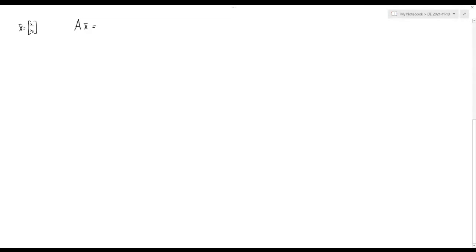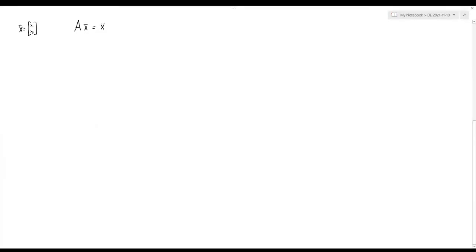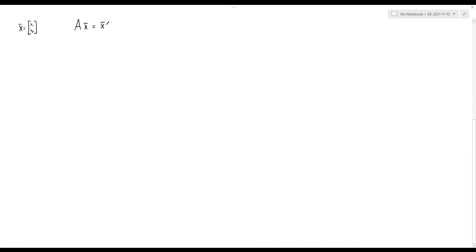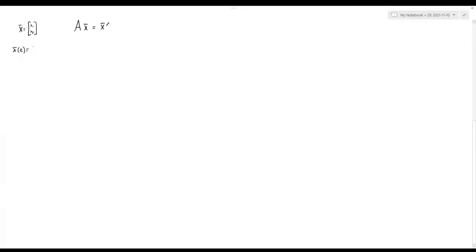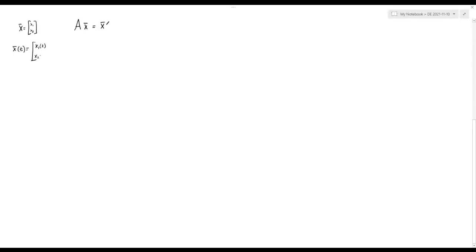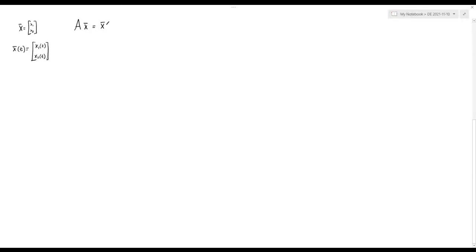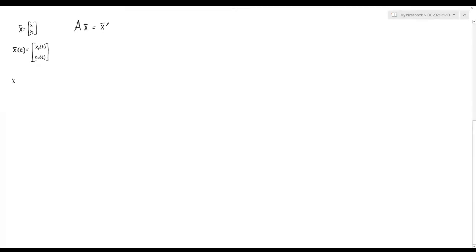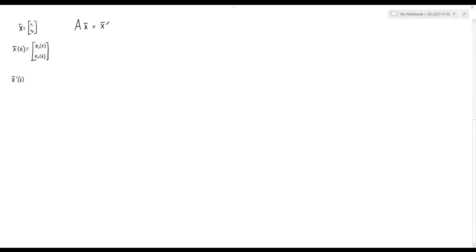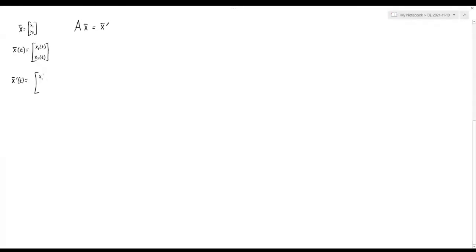So Ax is equal to the derivative of x with respect to the independent variable, say t, so x is really a function of t. And the derivative of this vector, we will just differentiate each component function.